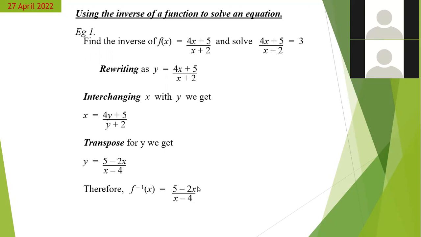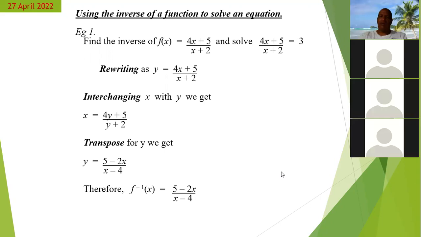Now, don't be too concerned about how the expression is arranged on the right-hand side. You just want to know that the correct values are on the right-hand side. So now, to solve our equation, we plug in the value of 3 in the inverse function where x is, do our calculation, and we get the value of x is equal to 1.